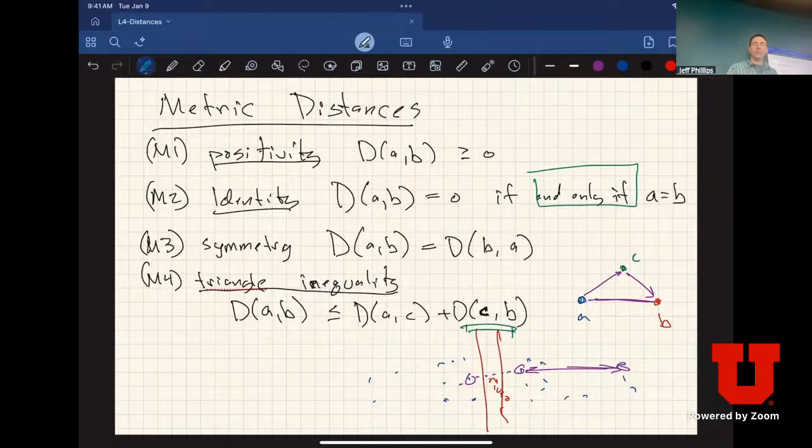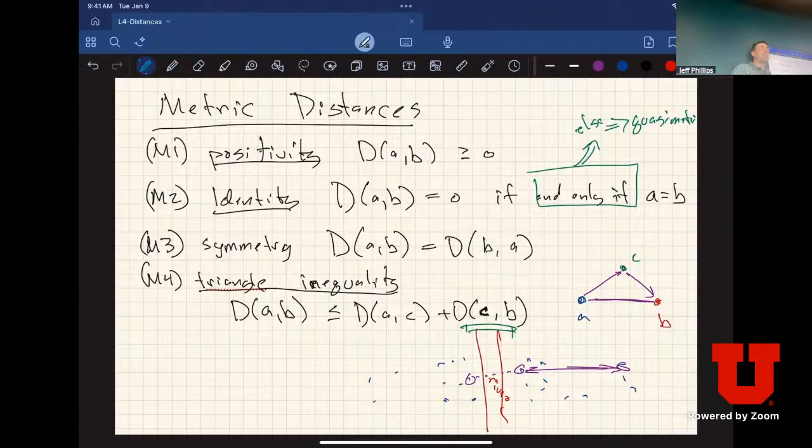There are some subclasses of metrics where I don't have this green part, which I would call a quasi-metric. So I have the triangle inequality, symmetry, positivity, and the distance from A to A is equal to 0, but I don't necessarily have the other direction: two different things might end up having a distance of 0 between them.